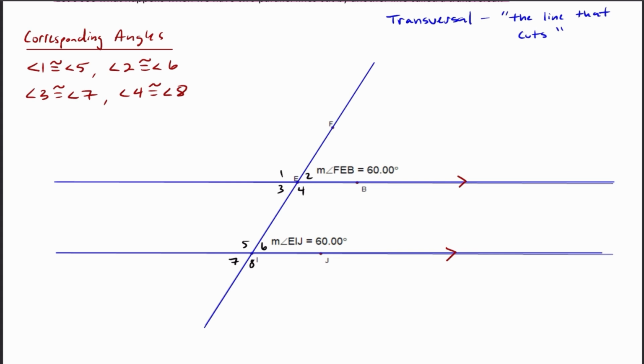Now, what about angles 2 and 7? Are they on the same side of the transversal, or are they on opposite sides of the transversal? Well, 2 is on the right-hand side, and 7 is on the left-hand side of the transversal. We can say that those two angles are on opposite sides of the transversal.